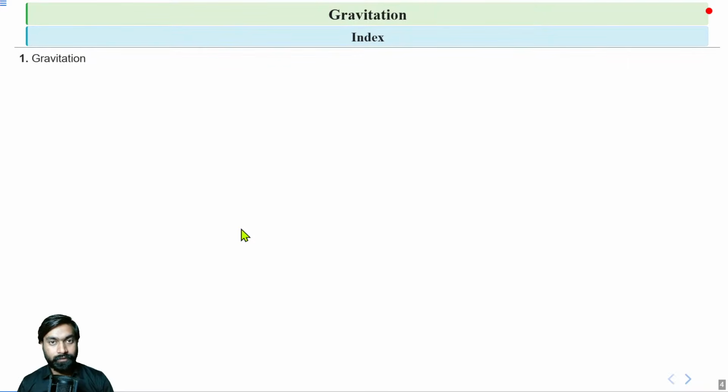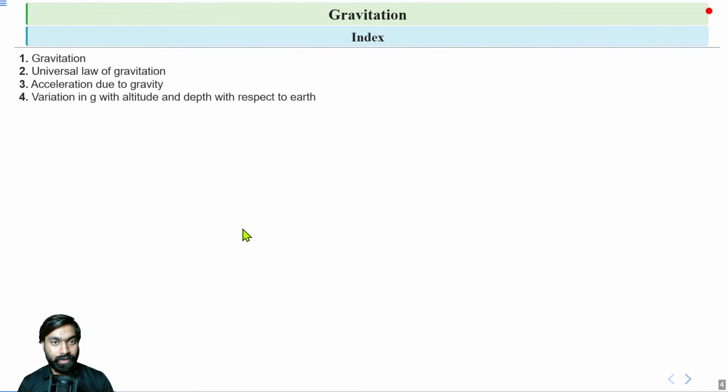In today's lecture, we will first cover gravitation, then we will discuss the universal law of gravitation. After that, we will discuss acceleration due to gravity. Then variation in g with altitude and depth with respect to Earth. Then we will discuss variation in the value of g due to the rotation of the Earth.